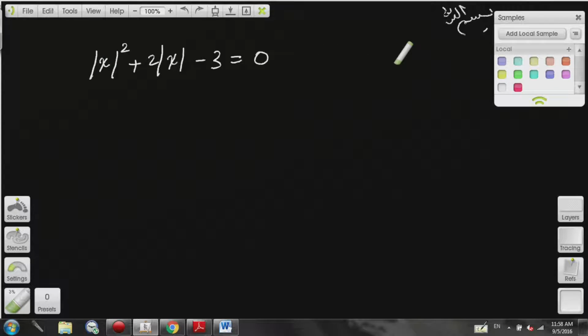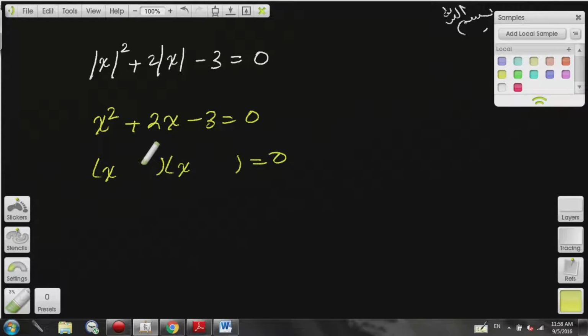But this might be difficult for you if you look at it the first time. But you're very familiar with solving quadratic equations like this. If you had a quadratic equation like this, the easiest way to solve it would be to factor it, and this factors out to be like this. So 3 and 1, the inners and outers would have to add or subtract to give you 2 in this case, right?